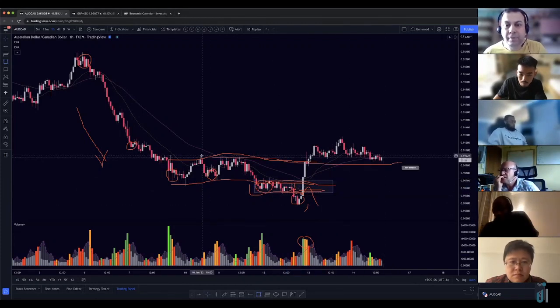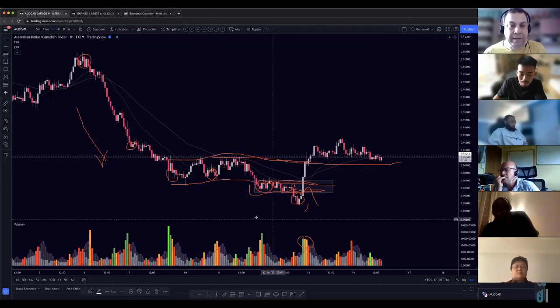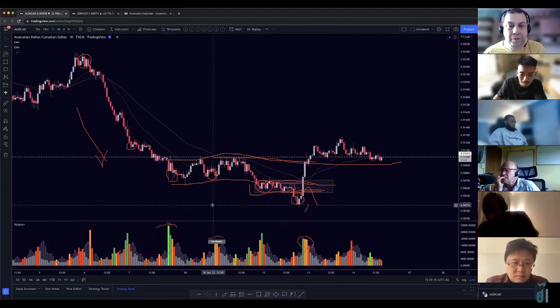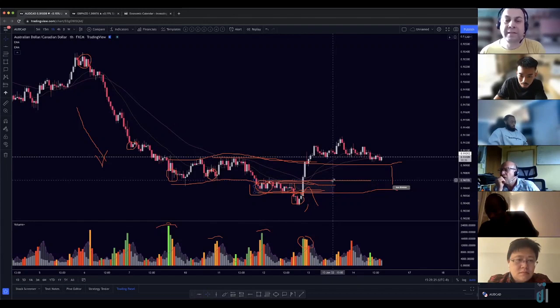Okay, and this range was with high volume inside. You can see here a volume. Yeah. Also, you can consider this zone, so the whole thing can be a release zone.